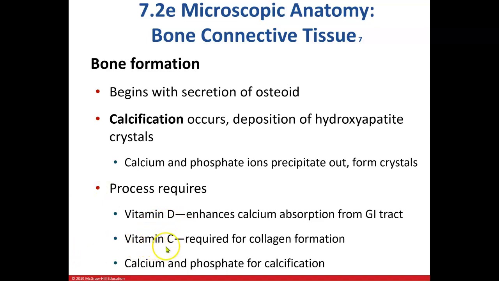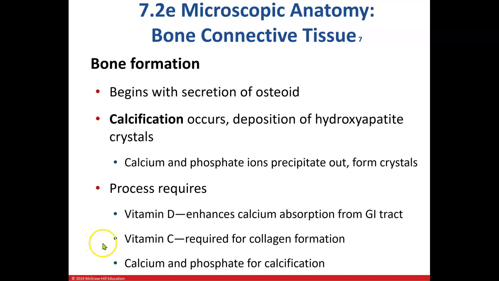You also need vitamin C for the formation of bone, because vitamin C is part of the process of forming collagen. People who don't get enough vitamin C can have a disease called rickets, and their bones don't get hard. Their bones are soft and bendy.